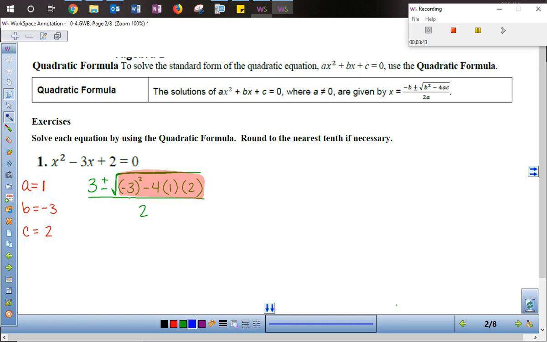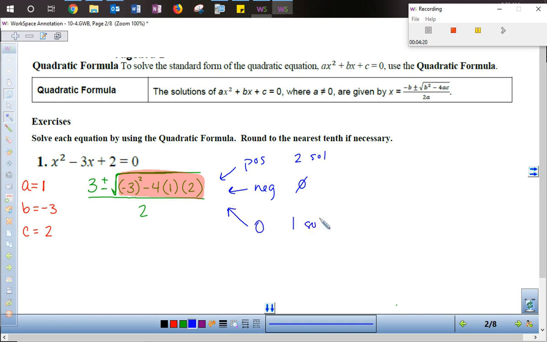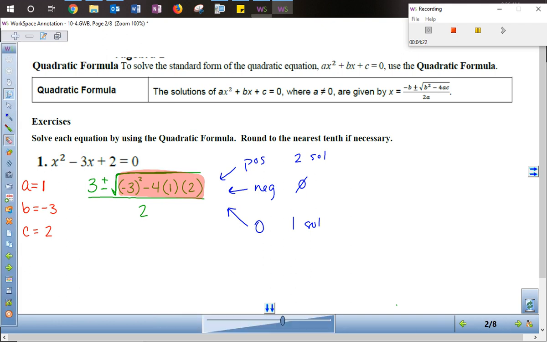The discriminant will tell me how many solutions my parabola, my quadratic equation, will have. If I have a positive number under there, I'm going to have 2 solutions. If I have a negative number under there, I'm not going to have any real solutions because I can't take the square root of a negative number. And if I have a 0 under there, that means I'm just going to have 1 solution. So whatever kind of number I get back is going to tell me what I'm going to be working with.